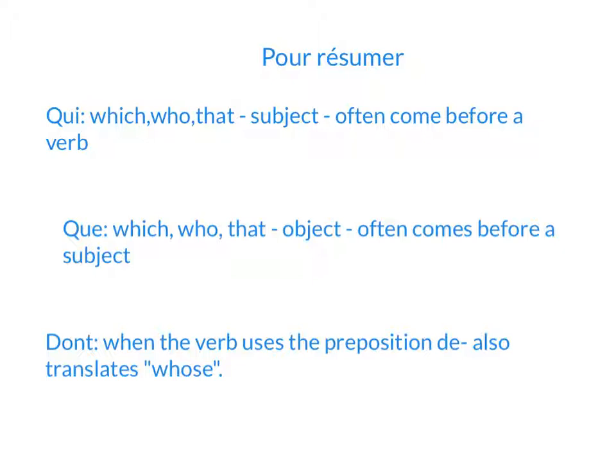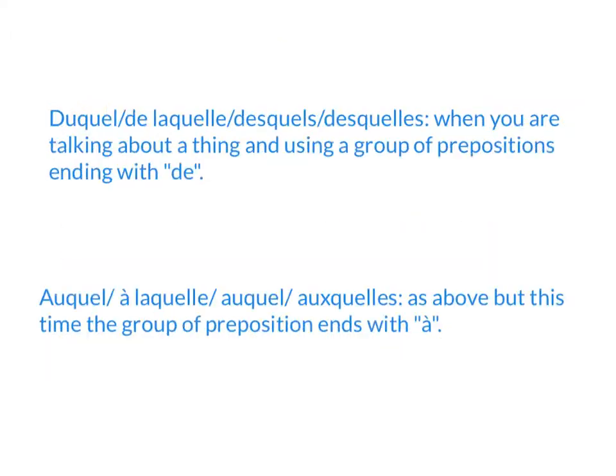Dont is when the verb uses a preposition de. So we've seen a couple, parler de, se méfier de, avoir besoin de. And it also translates whose. Duquel, de laquelle, desquels, and desquelles. It's when you're talking about a thing and you're using a group of prepositions or a prepositional phrase which ends in de.